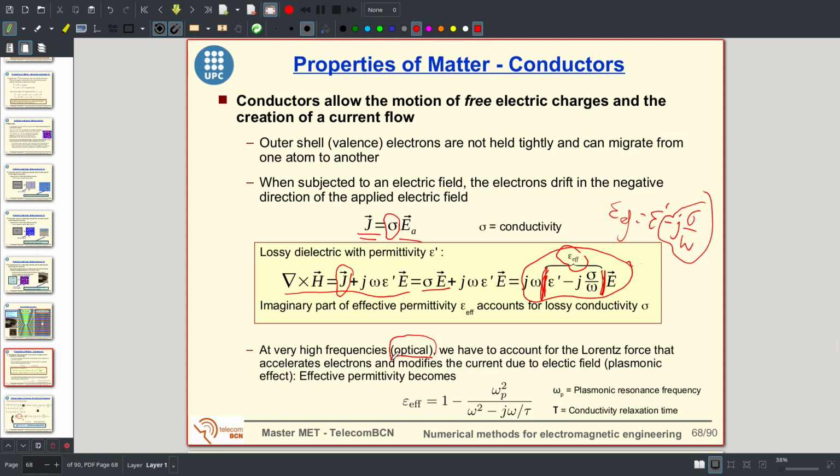The electrons have to oscillate following the electric field. We are in time domain in harmonic regime, so we have a sinusoidal electric field, and the electrons have to oscillate following the electric field due to the force exerted by the electric field on the electrons.